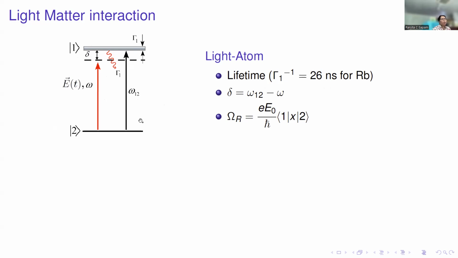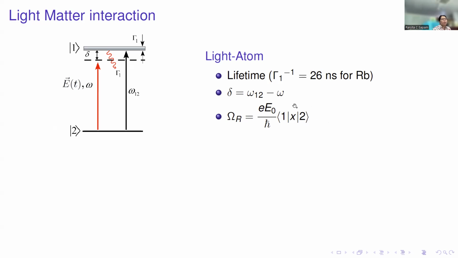Here, one very important concept I'm defining is omega R, the Rabi frequency. It is the interaction strength between my laser light and the properties of the atom. This amplitude, E times E naught divided by h-bar, comes from the intensity of the laser I use.